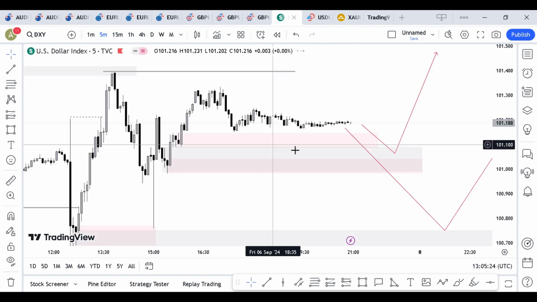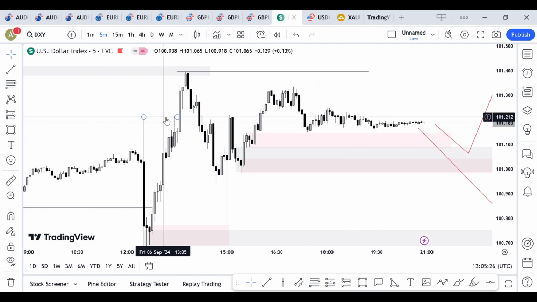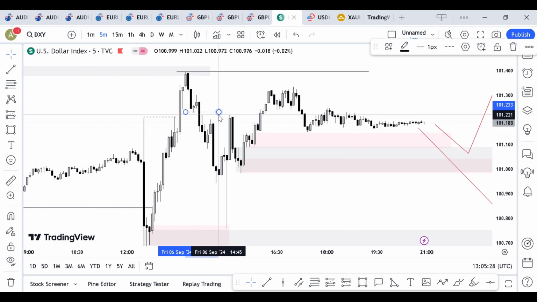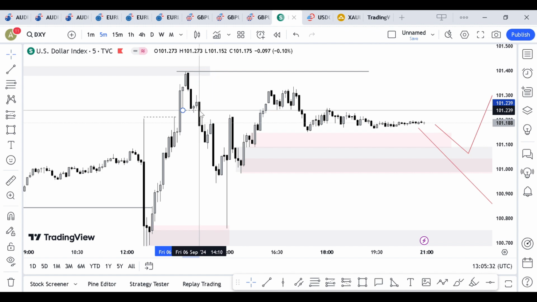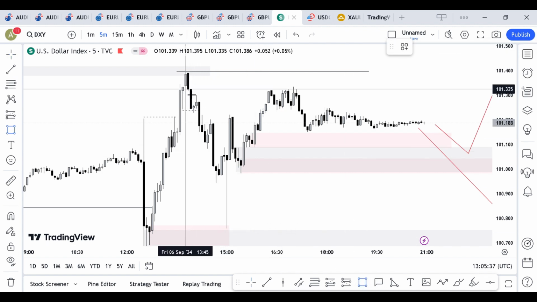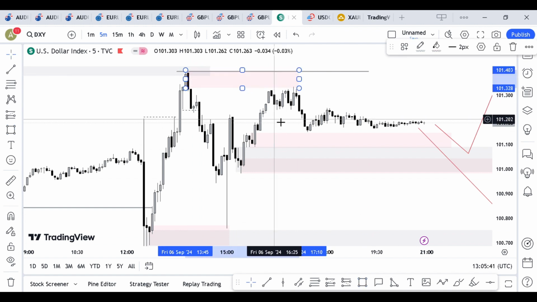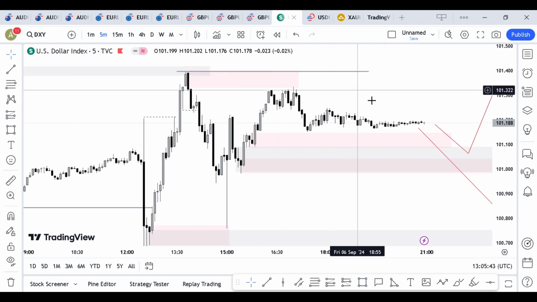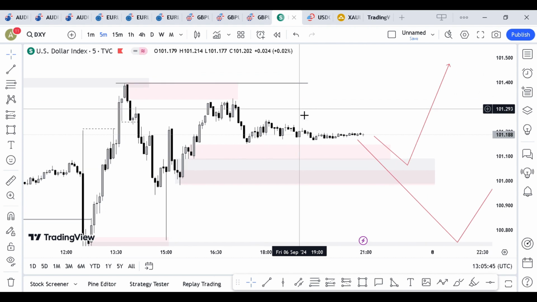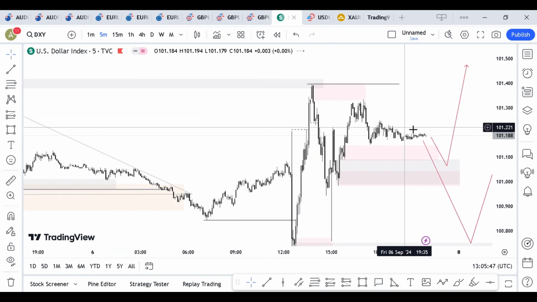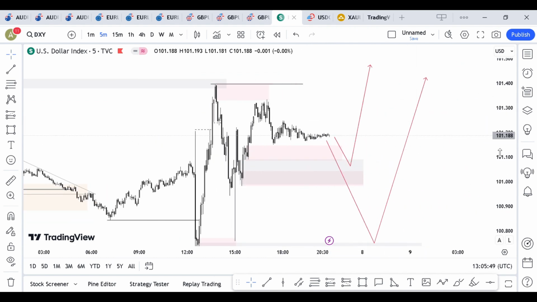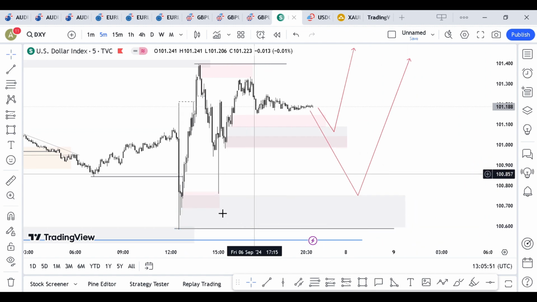From the 15 minute we can't see any, but on the 5 minute we have one here which was very subtle and caused a flip zone, but price looked to have mitigated to the extreme of this supply, which pushed price lower. So that is how I will look at DXY, and that is what I'm expecting.